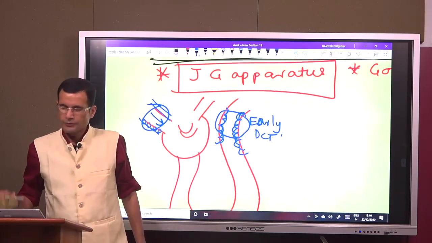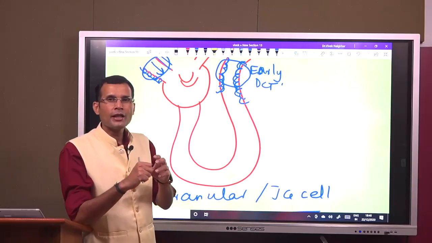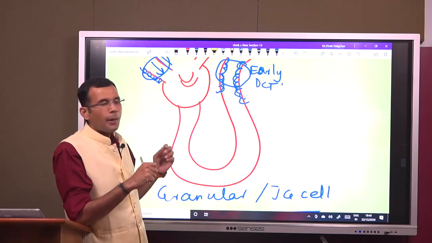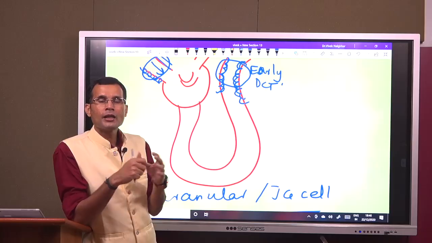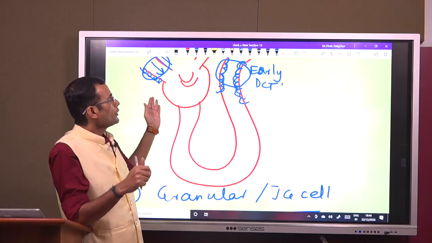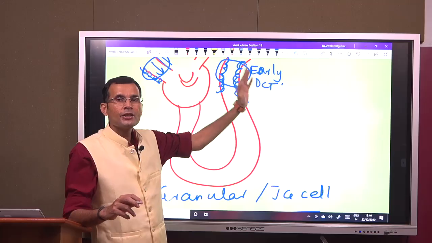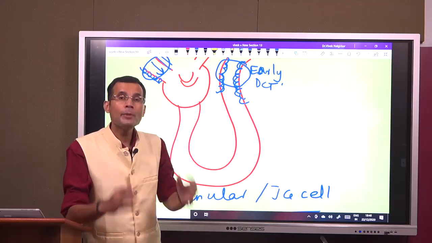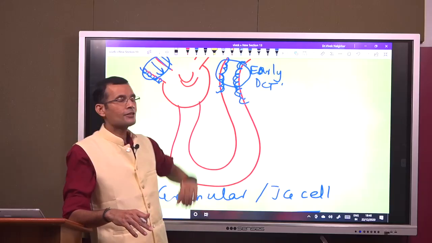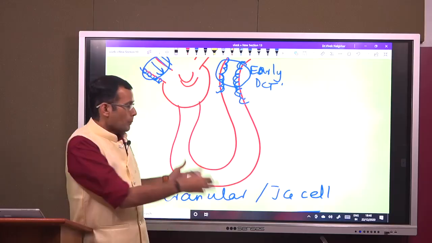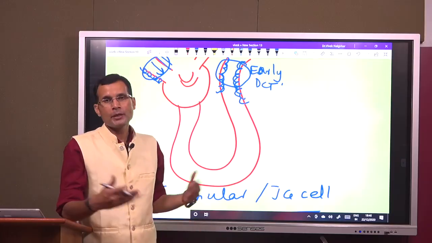By the way, the question that I asked you, the JG apparatus lies in close relation to, and the options given are the afferent arteriole, early DCT, collecting duct and glomerulus. These four were the options, and the majority of the students gave the answer early DCT because thinking that macula densa is the major component, so maybe.